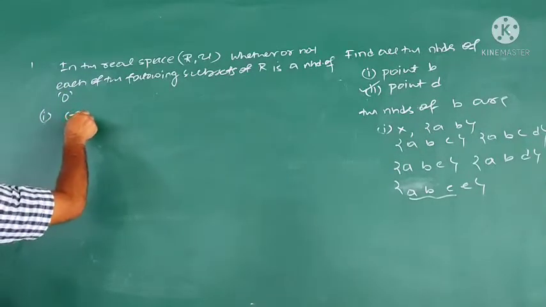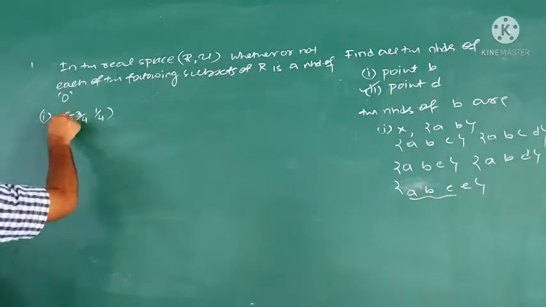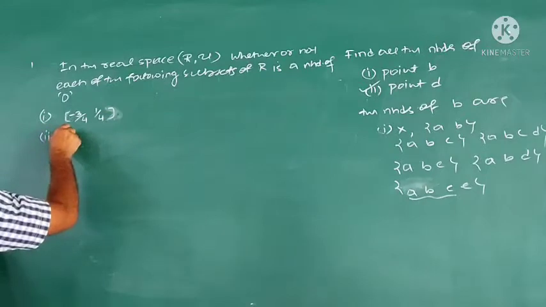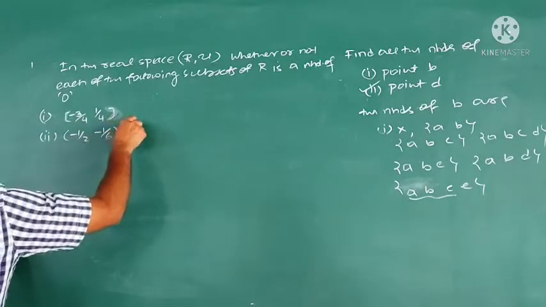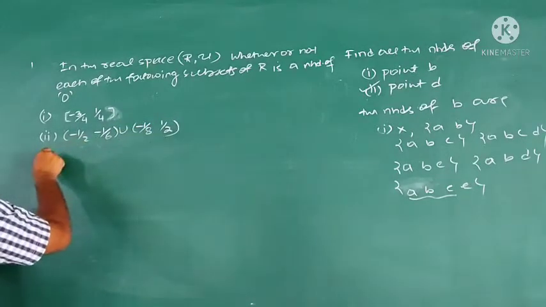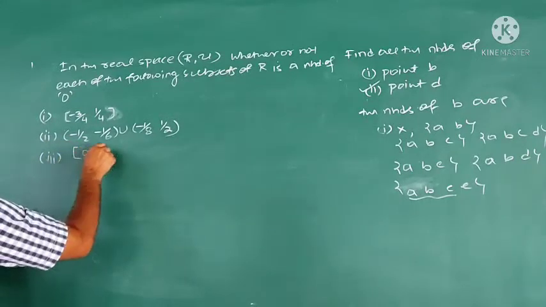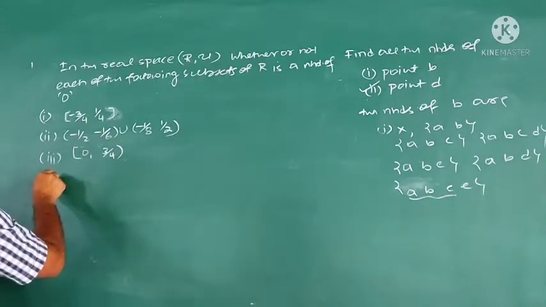First one, the interval from minus 3/4 to 1/4, open or closed. Second, minus 1/2 to minus 1/6, union, minus 1/8 to 1/2. Third one, closed interval 0 to 3/4, open at the right hand.